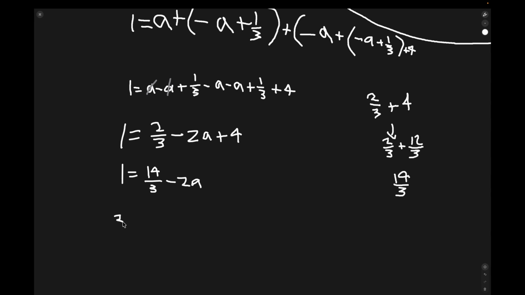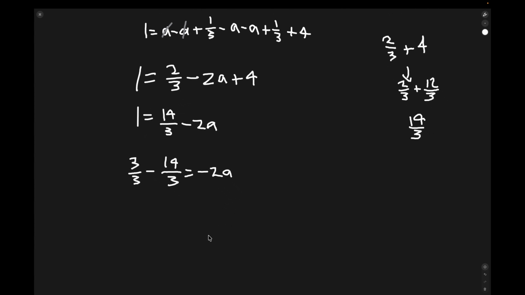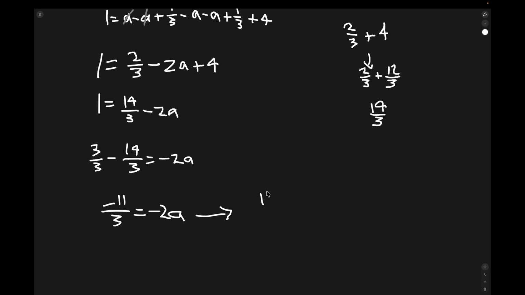So 1 is also 3 on 3, minus 14 on 3 is equal to negative 2a. Now, 3 minus 14 is going to be negative 11. So if we times both sides by negative 1, we're going to get 11 on 3 is equal to 2a. So now a is going to equal 11 on 6.